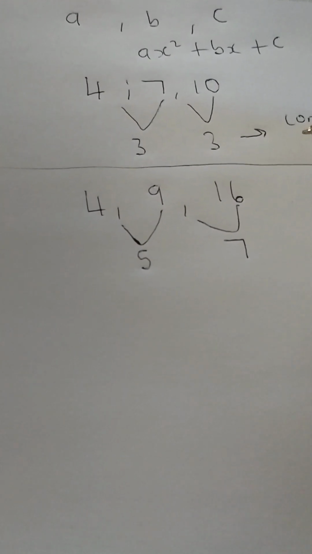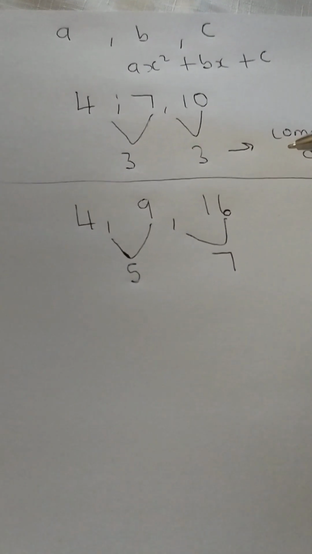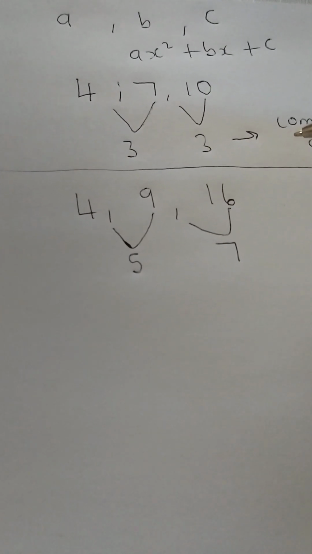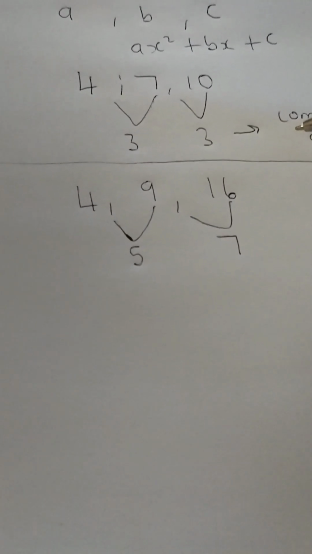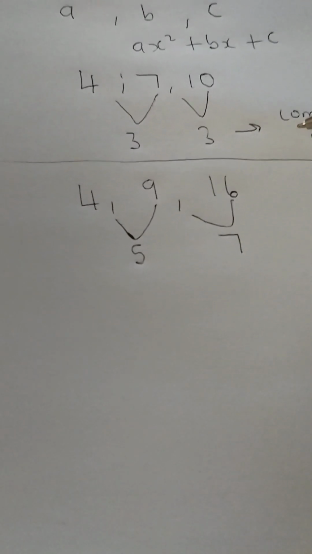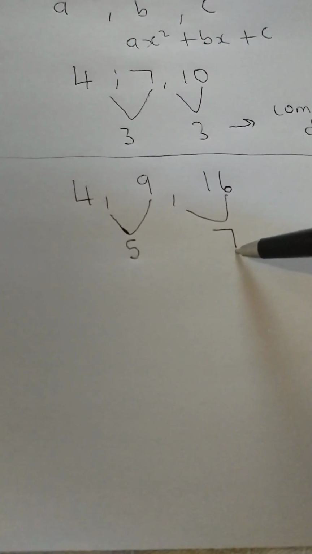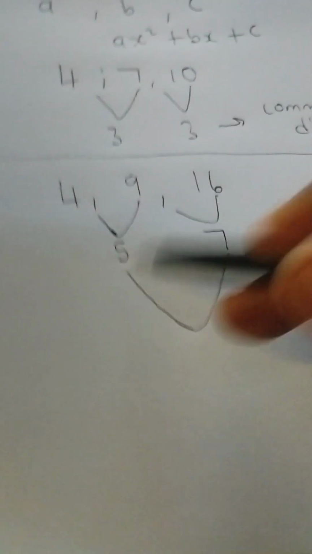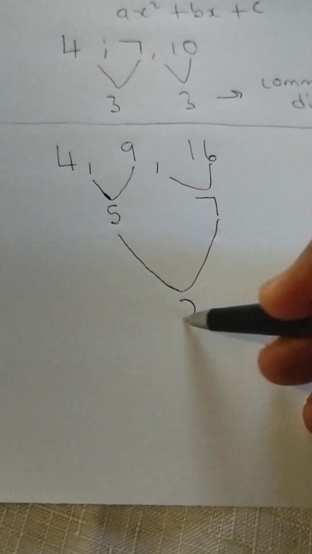That's when we apply what we call the quadratic sequence. With quadratic sequence, we always look for the second common difference. And again, the same concept will apply. You will take the second difference and minus it by the first difference. So 7 minus 5 gives us 2.